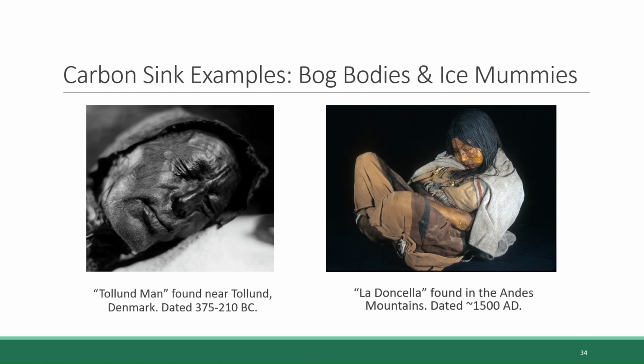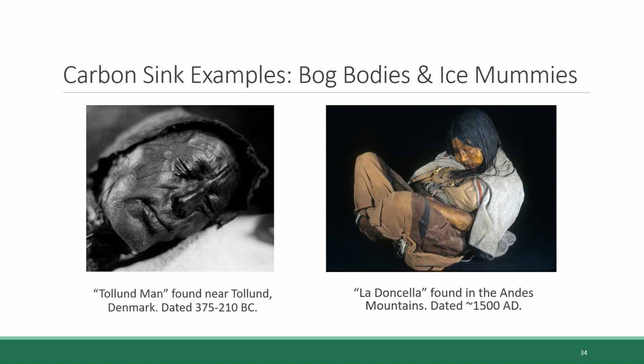A very prominent example of how these cold and wet carbon sinks serve to sequester organic matter out of the carbon cycle that you may have seen in the media are bog bodies and ice mummies. Bog bodies is a term used to describe human remains that were put to rest in a peat bog, which is an extremely waterlogged, swampy terrain. And because of the lack of oxygen, the decomposers in the habitat can't perform cellular respiration and break down the organic material in the body, so it barely decomposes.